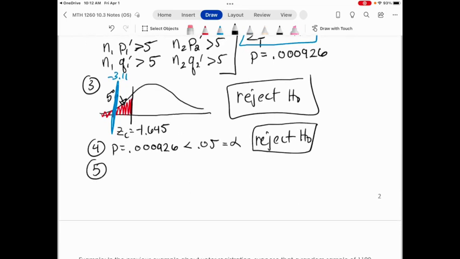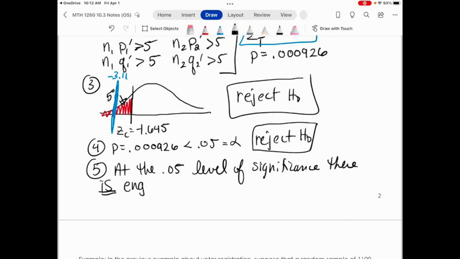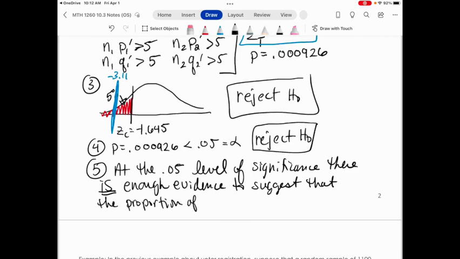Okay, so for my conclusion, I'm going to state that at the 0.05 level of significance, there is enough evidence to suggest that the proportion of voters who registered in group 2 was greater than group 1.